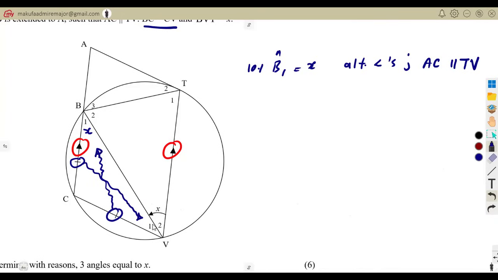So by default, angle V1 must be equal to X. Angles opposite equal sides. So this V1 was also going to be X.